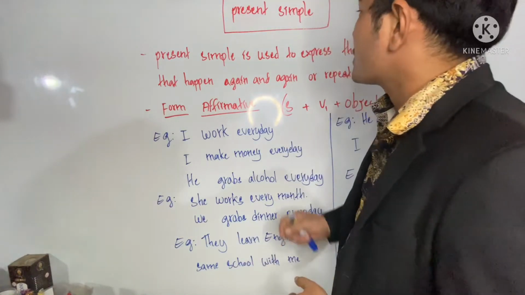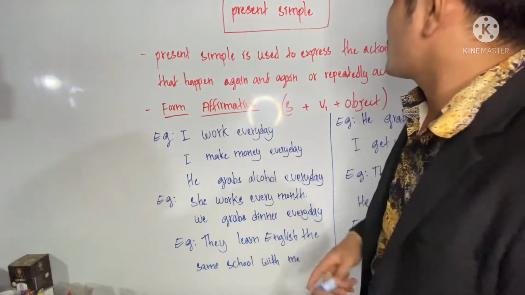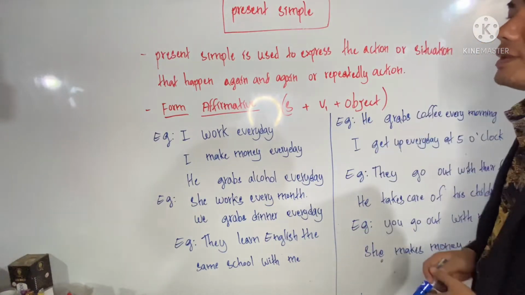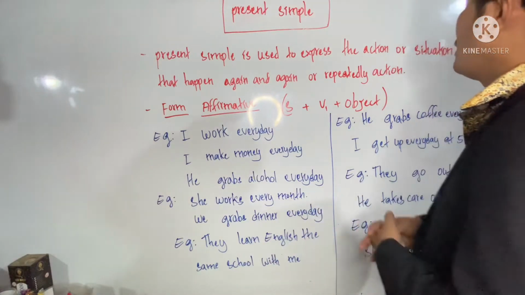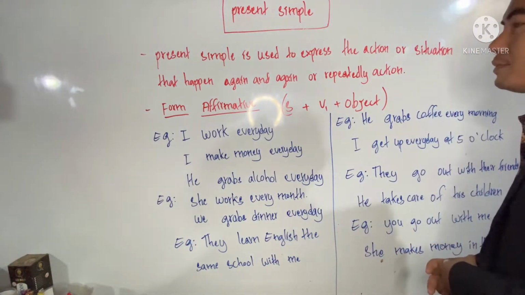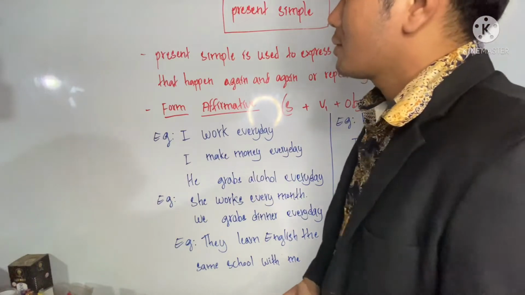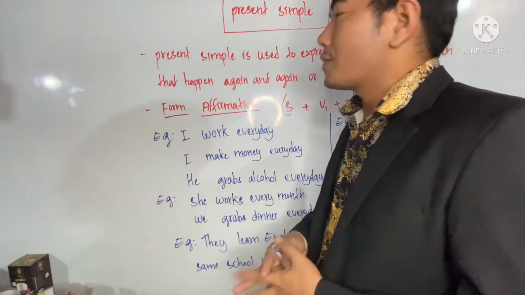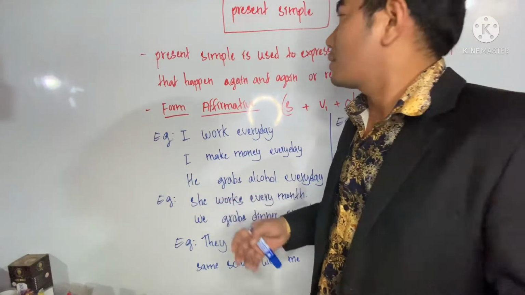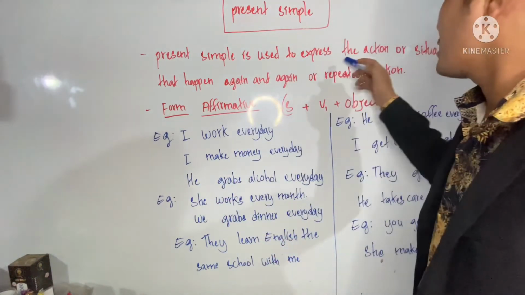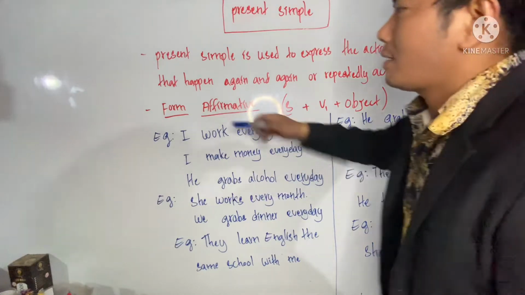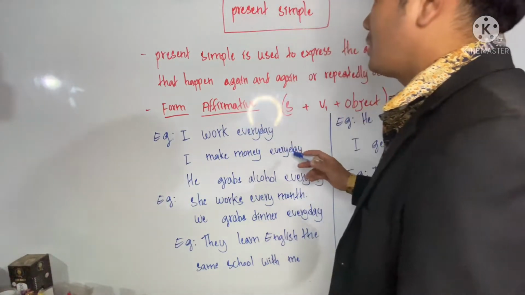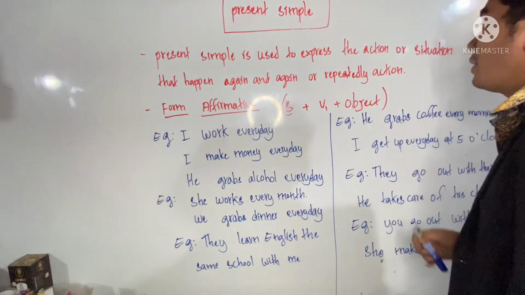Present simple is used to express an action or situation that happens again and again, or a repeated action. Again, what's the definition of present simple? Present simple is used to express an action or situation that happens again and again, or a repeatedly done action.